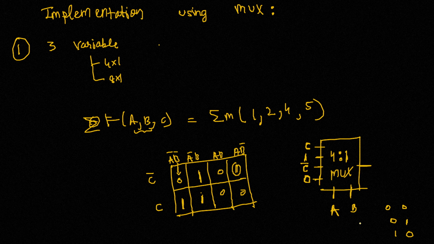So similarly here we can see that depending on the values of A and B, we can find the input line that needs to be selected, and that will be displayed as the output. So that was using a 4 cross 1 mux.